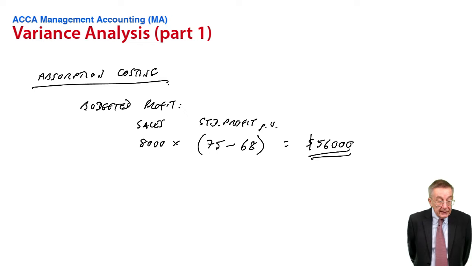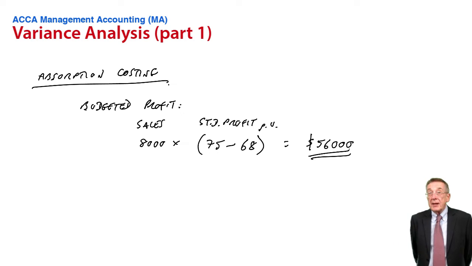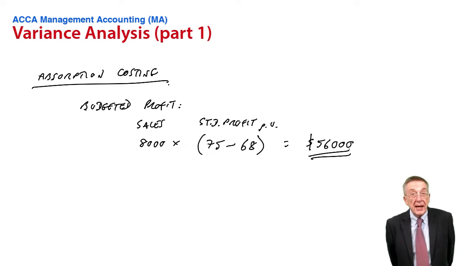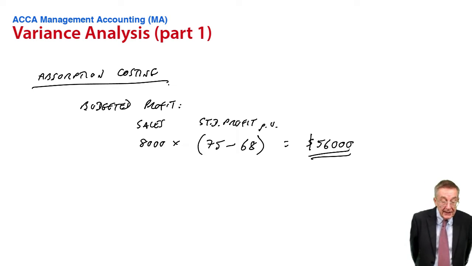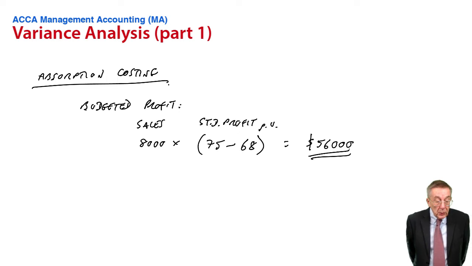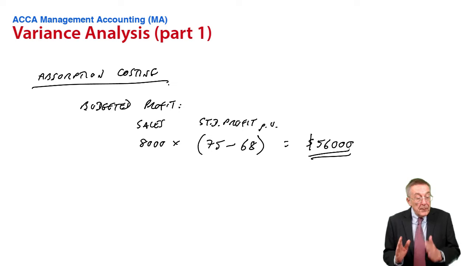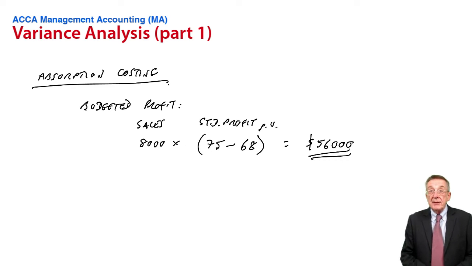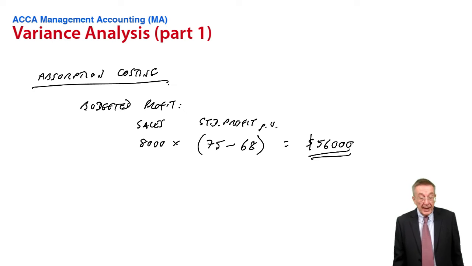However, the actual results, if you go back to the question, are as follows. We actually sold 8,400 units and produced 8,900. So we sold more than we expected. We sold them for $613,200. We'll check later. But they were supposed to sell them at $75 a unit. Maybe they sold them for more, maybe for less.